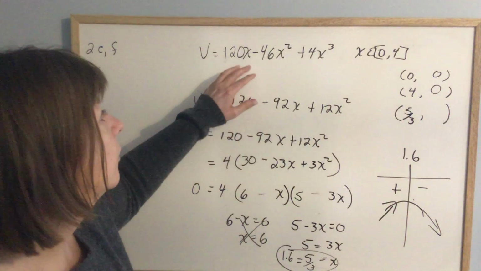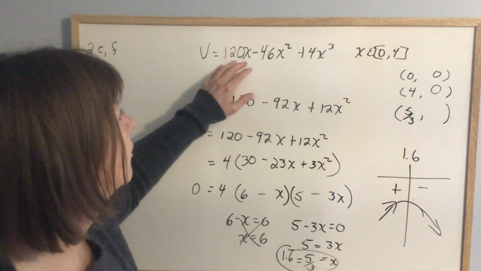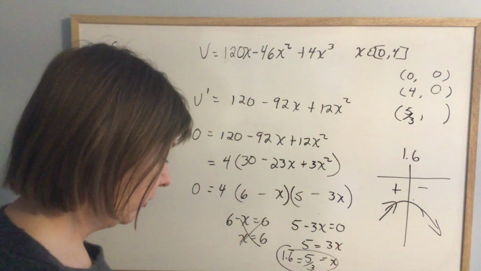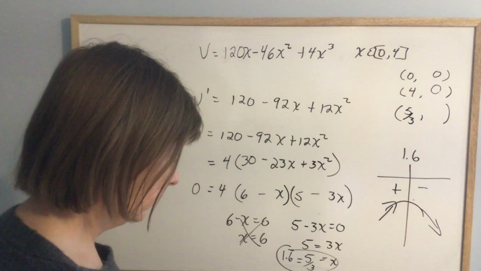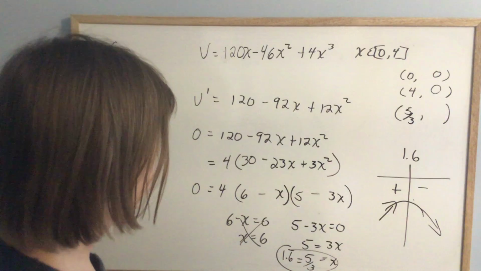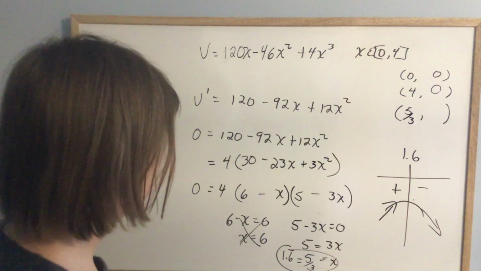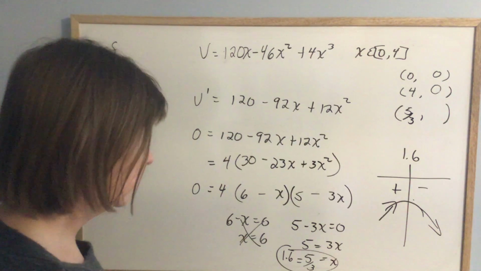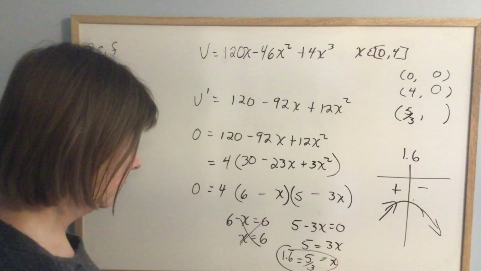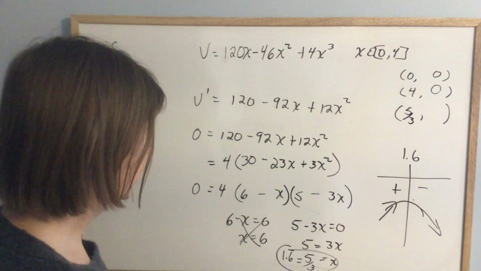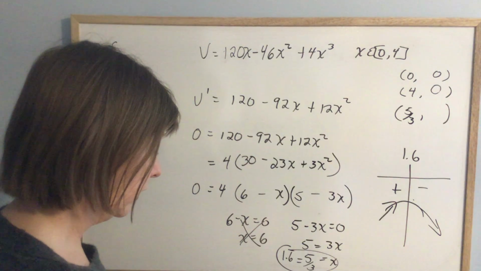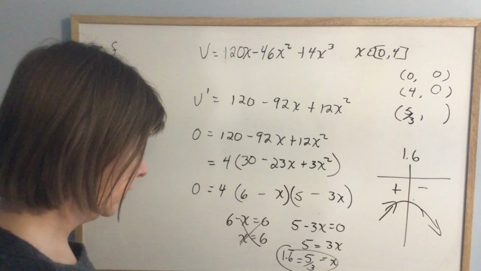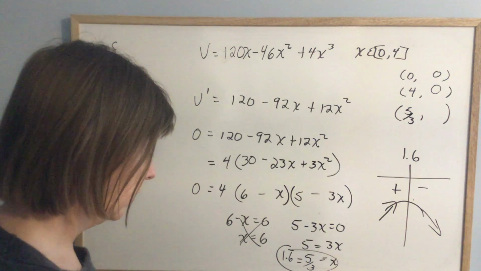Unfortunately, I need to figure out then what would the y value be. And so I need to put it back into this up here. So this is going to take a minute. 5 over 3 cubed times 4 minus 46 times, now 5 over 3 squared would be 25 over 9, and then plus 120 times 5 over 3.